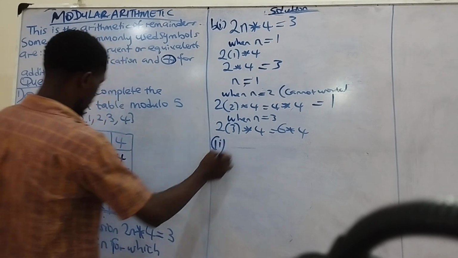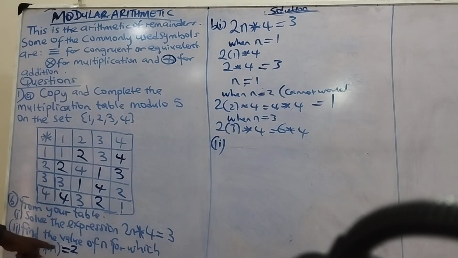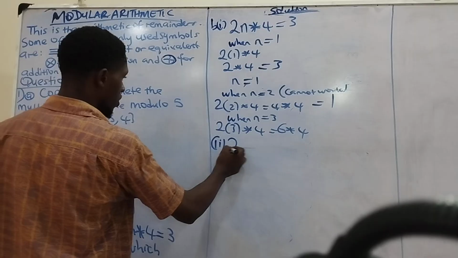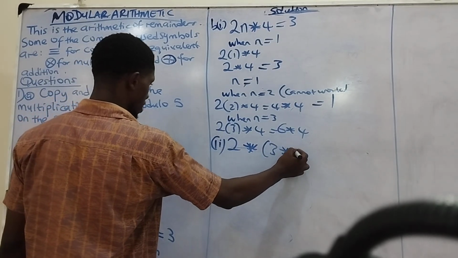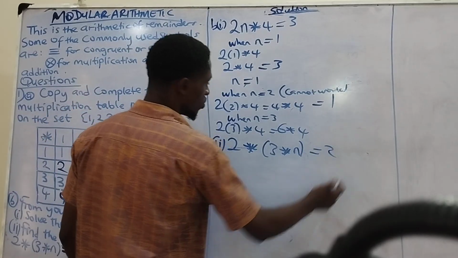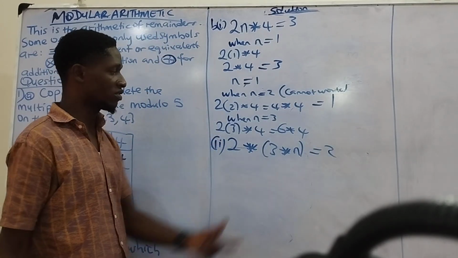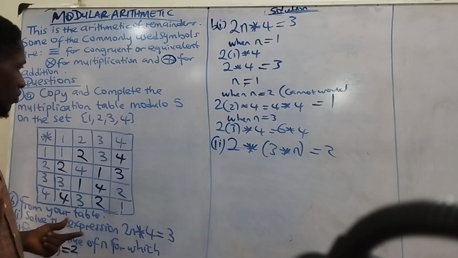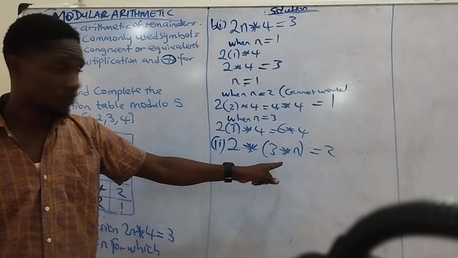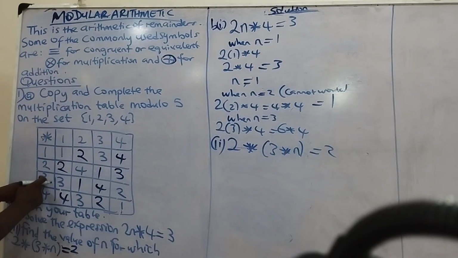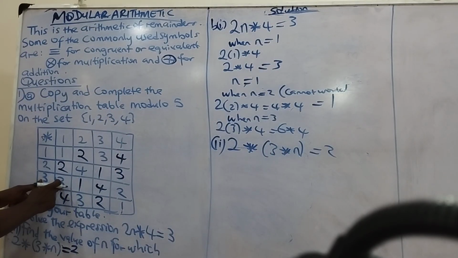Part (ii). Find the value of n for which 2 times 3 times n is equal to 2. Let's start with this bracket first. Let's try 1. 3 times 1 is 3.